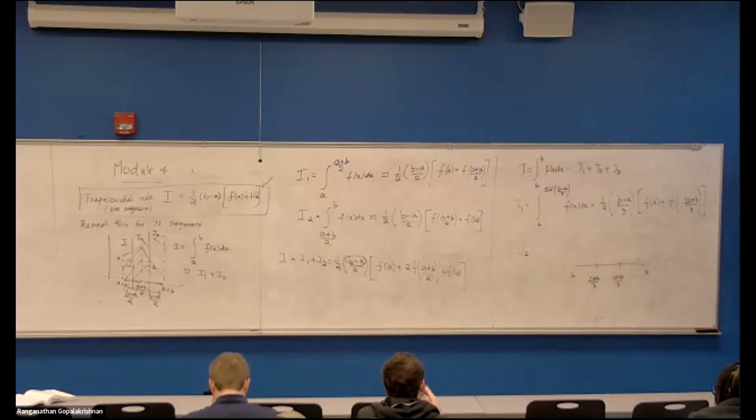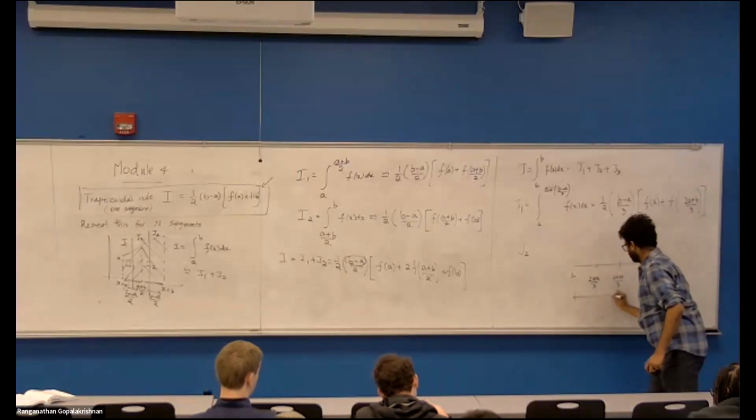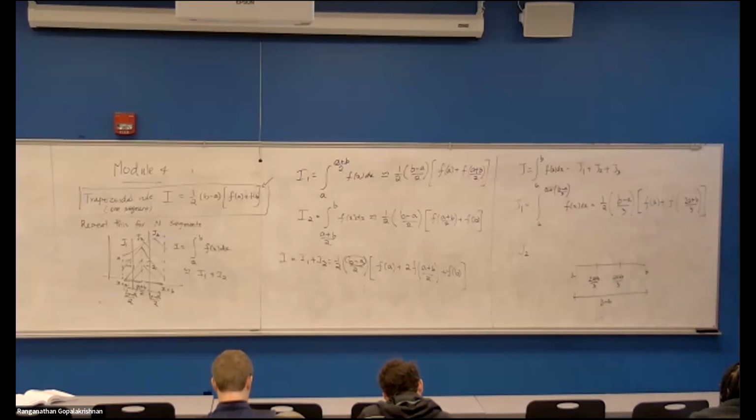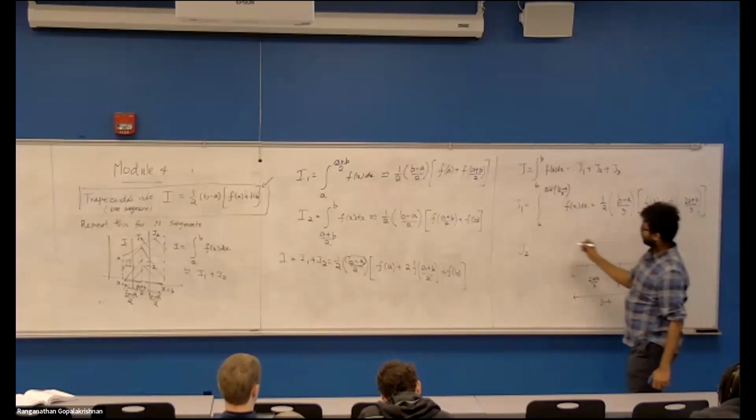You have the total length. You are dividing that into 3 equal segments. So it would be b minus a over 3 all along. So what is J2 then?